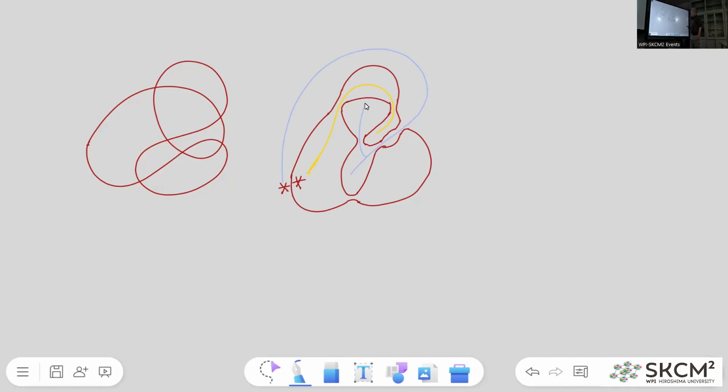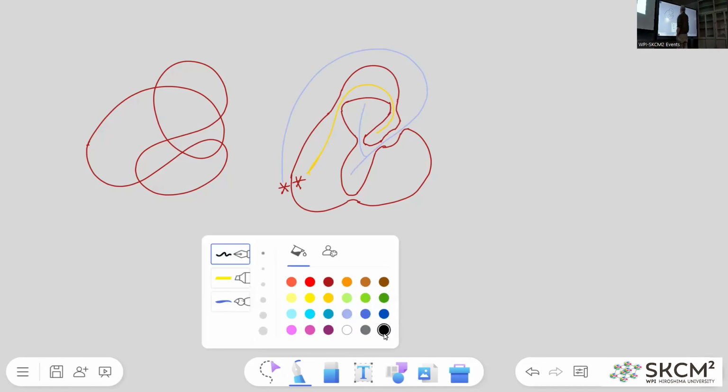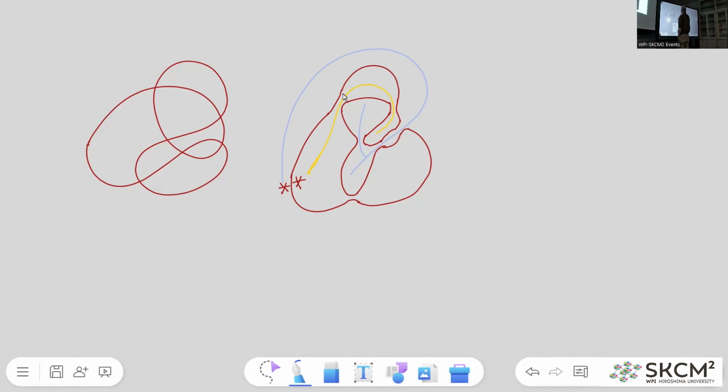You get two trees, and those two trees tell you where to put the markers. You walk away from the root, and every time you go through a site, you put down a marker.